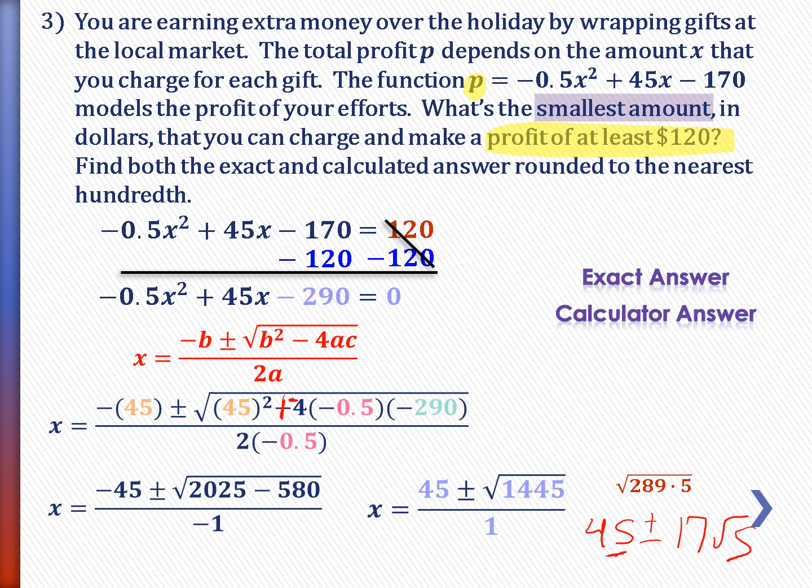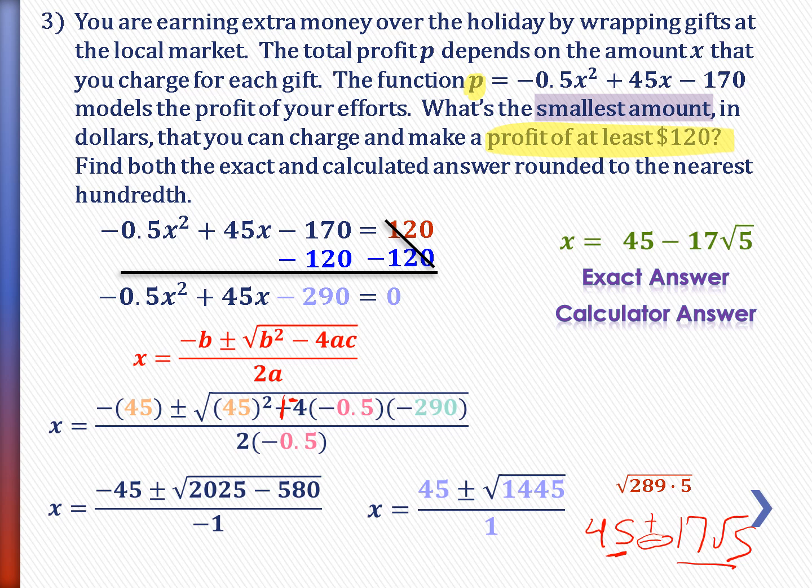Well, if I take 45 and I add 17 square roots of 5, that's going to be a larger amount. But if I take 45 and subtract 17 square roots of 5, that's going to be a smaller amount. So my exact answer is I should charge them 45 minus 17 square roots of 5 dollars.